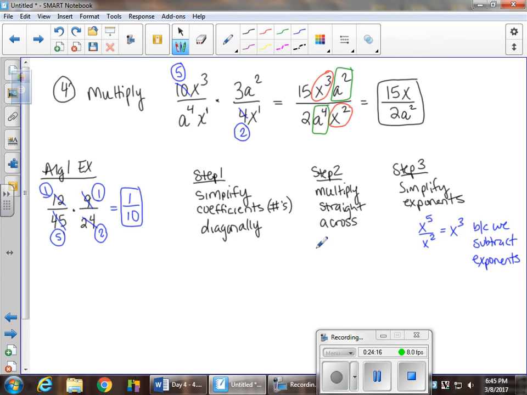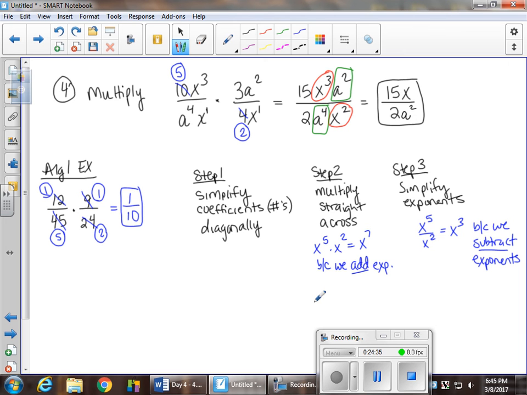When we're multiplying straight across, if I had x to the 5th times x squared, that's x to the 7th because we add the exponents. So here we subtracted, here we're adding.